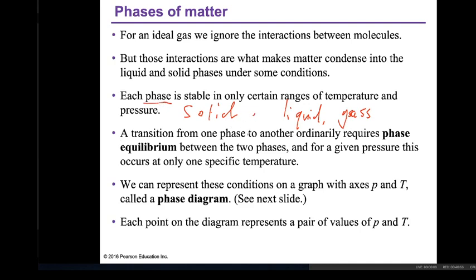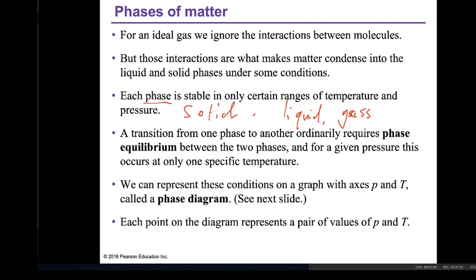A transition from one phase to another requires phase equilibrium between two phases, and for a given pressure, this occurs at only one specific temperature. For example, when water goes through a phase transition from ice to liquid water, you need a temperature of 0 degrees Celsius at atmospheric pressure.